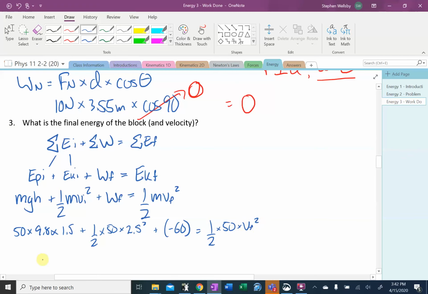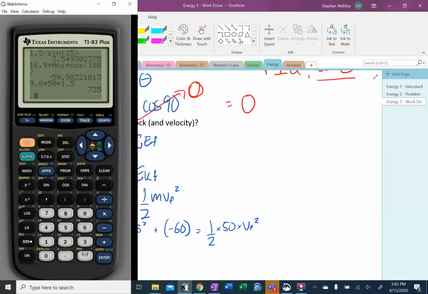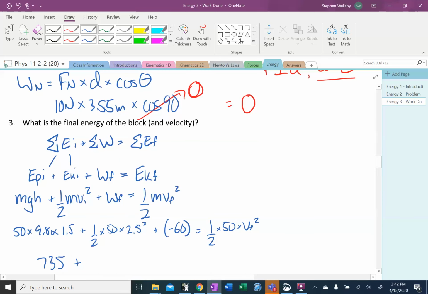This is going to be 735 plus 0.5 times 50 times 2.5 squared. That's going to be 156.25. That's right. Minus 60 equals, we'll just say 1/2 of 50 is 25 times v squared.